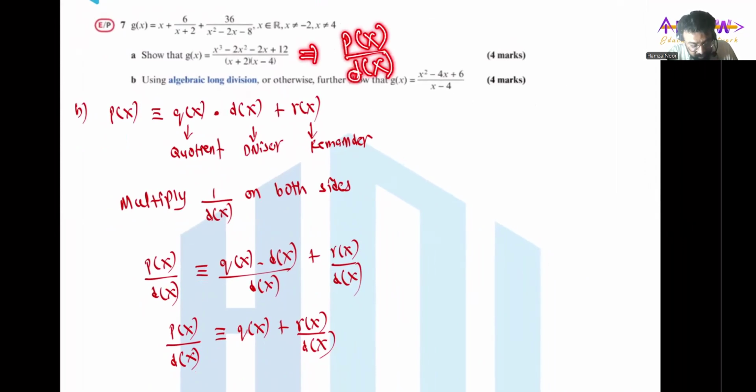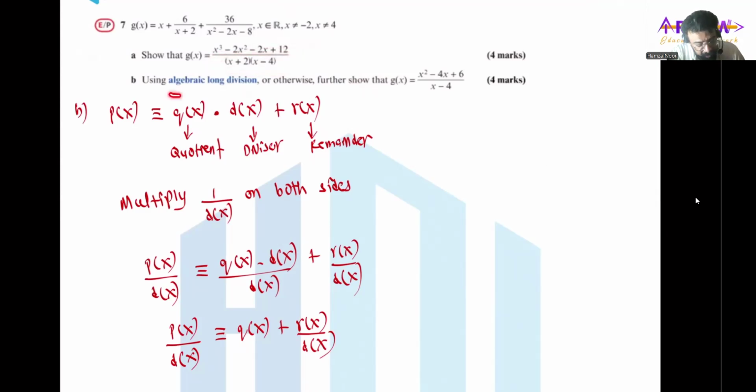This is the form of px over dx. Agreed? A cubic polynomial is being divided by a quadratic polynomial, and the quadratic polynomial is mentioned in a factorized form. So we are just going to expand x plus 2 multiplied by x minus 4, and simply divide this cubic polynomial by the quadratic polynomial.